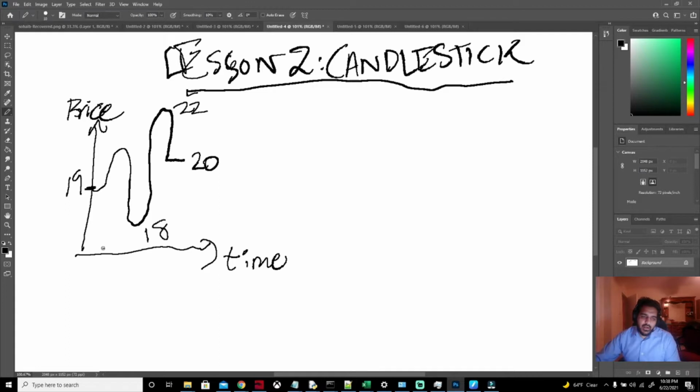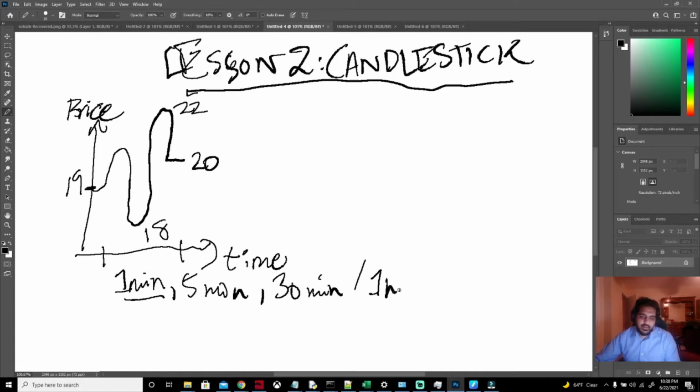So this is all that it did within a time frame, and we can call this time frame 1 minute. But a lot of brokers have options for 5 minutes, 30 minutes, 1 hour, 4 hours, and the like. So what is the candlestick?